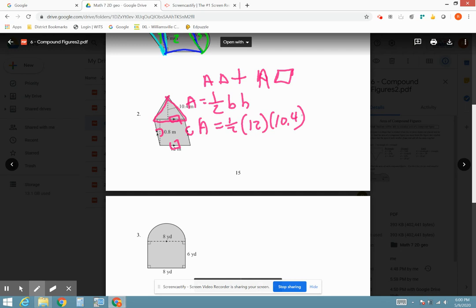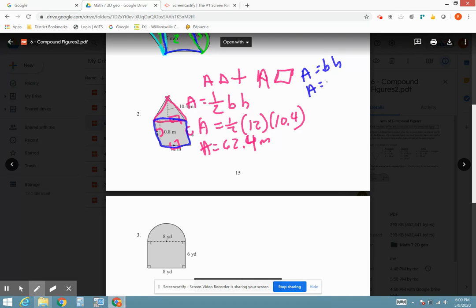So in my handy dandy calculator, I do 10.4 times 12 times 0.5, and I get 62.4 meters.